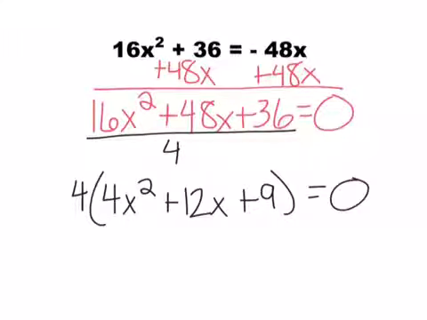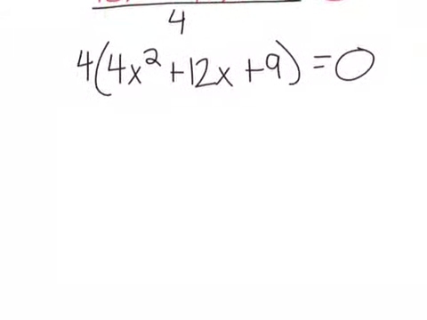Now I'm not done factoring yet because I still have a trinomial inside those parentheses, so I can't just set it equal to 0 and solve. I still have to factor that new problem, okay?